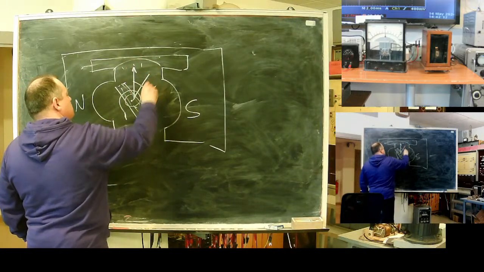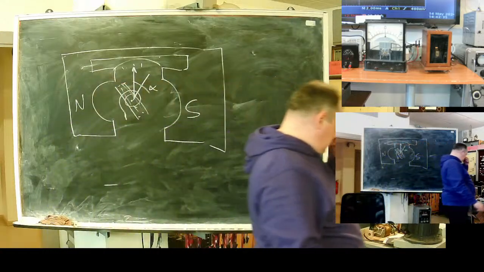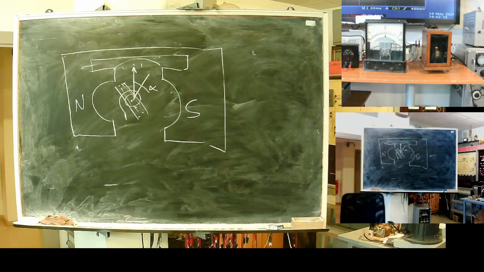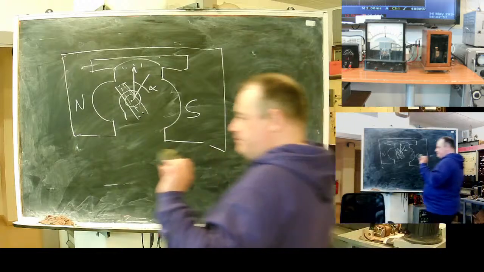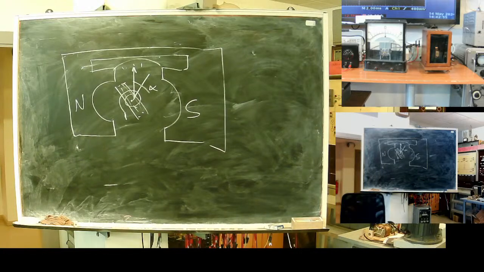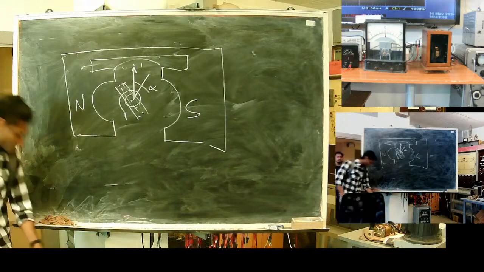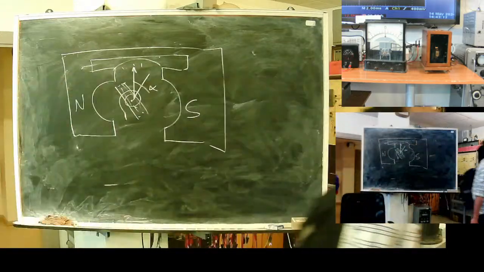Let's say it turns to angle alpha. Here is the magnet, here should be the coil and the index.